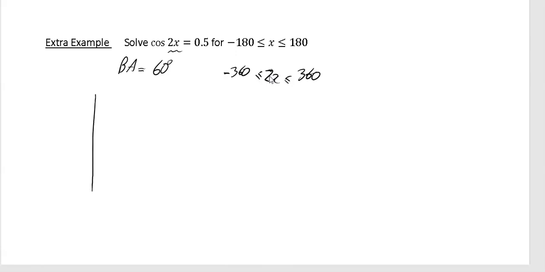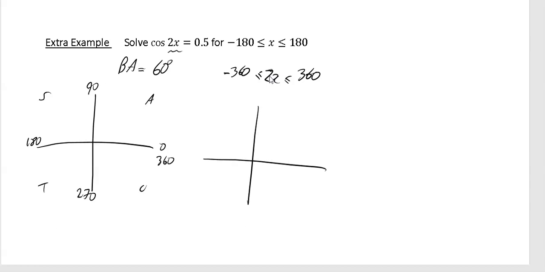So I wouldn't normally do out two cast diagrams, but I'm going to do it for the sake of it in this question. So I'm going to do the 0, the 90, the 180, the 270, and the 360. And I'm going to have another one over here, which is going to be 0, but we're going back the other way this time. So minus 90, minus 180, minus 270, and minus 360.